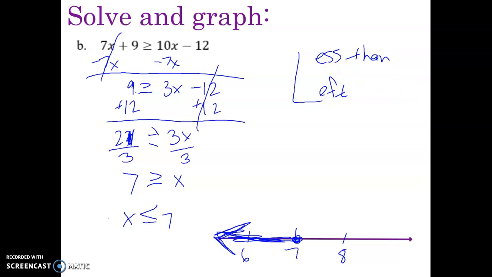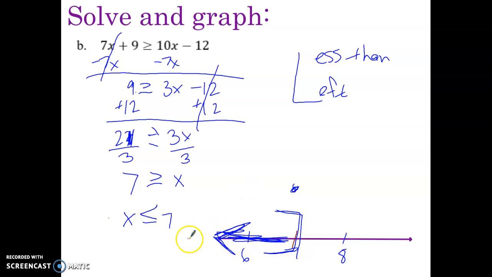All right, just like with the ones that are not included, the ones that are included have a different symbol that you could use as well. So instead of putting a closed circle on the dot like we did before, we might choose to put a square bracket. Square brackets and closed dots both mean that that 7 is part of the solution set. It is included. Now, if you look at it, this has infinitely many solutions.